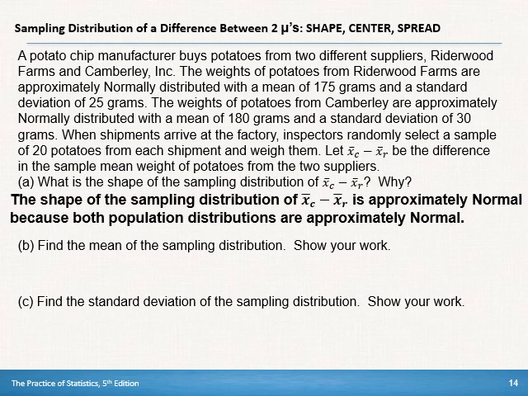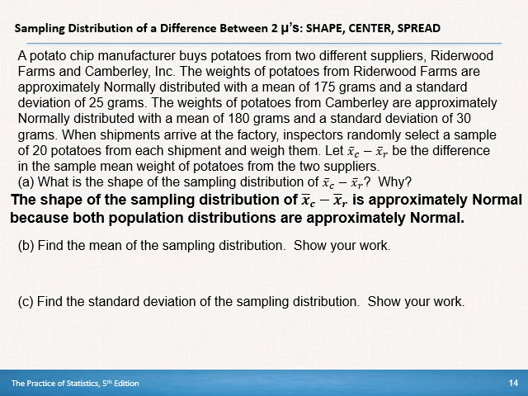All right, so we know that the shape of the sampling distribution of the difference in X bars is going to be approximately normal, not because the sample size was big enough, but because we were told that each of the population distributions was normally distributed. So we don't need to have a sample size over 30 in this case. We know each of the sampling distributions is approximately normal, so therefore the sampling distribution of the difference in X bars will also be approximately normal.